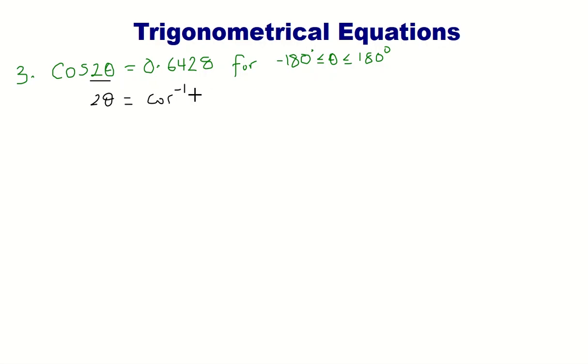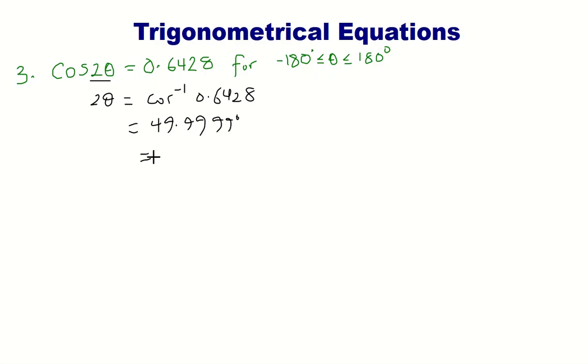So 2 theta will be cos inverse of 0.6428. Tap on your calculator. What do you get? In the calculator it is 49.9999.